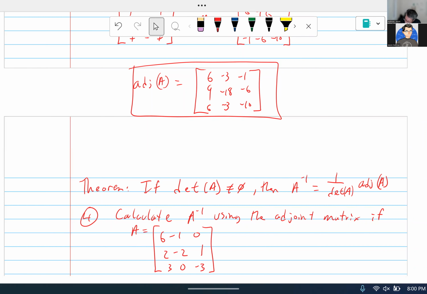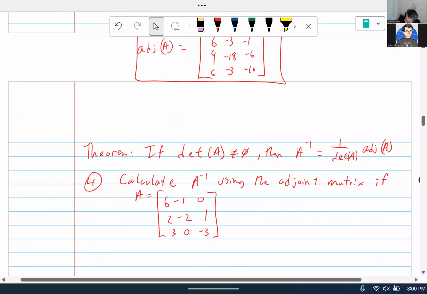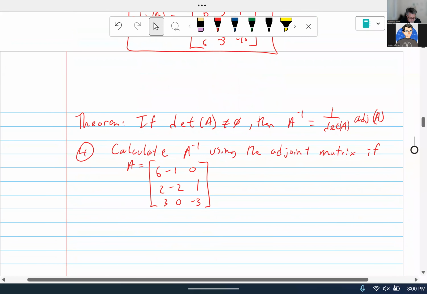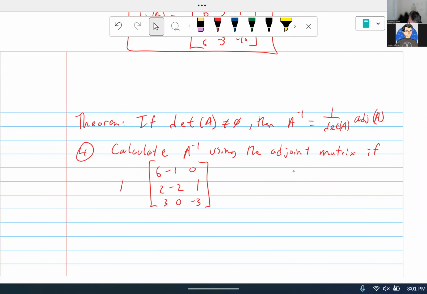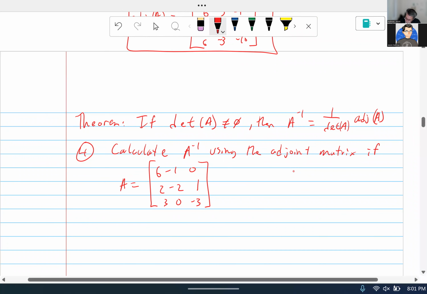Okay, so that might look familiar because that was what we used in the previous problem. We wanted to calculate the adjoint. If I want to find the inverse, I just need 1 over the determinant. We already know what the adjoint of this thing is.